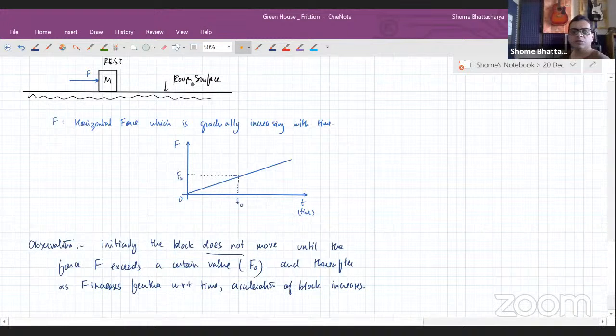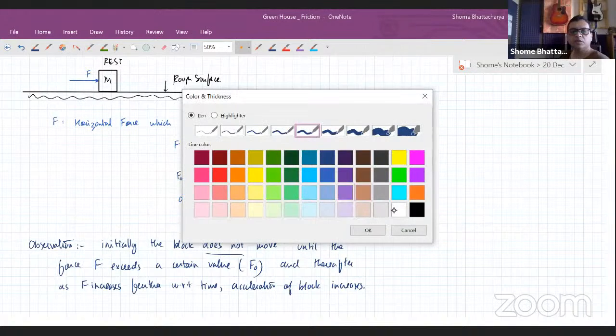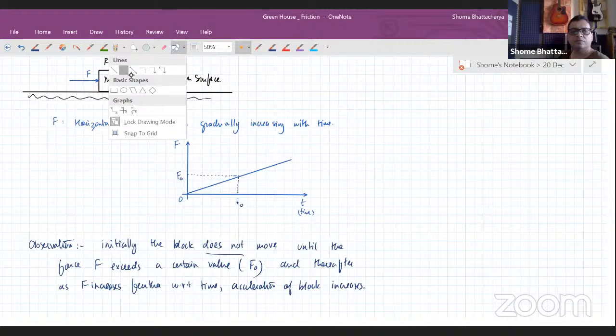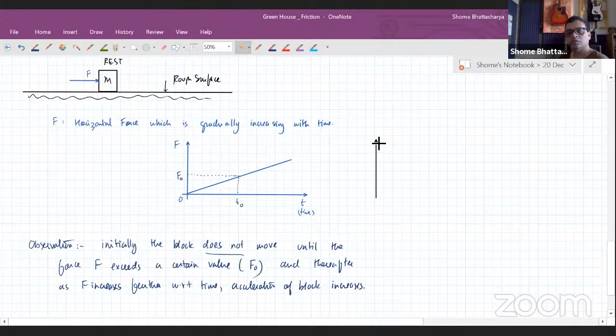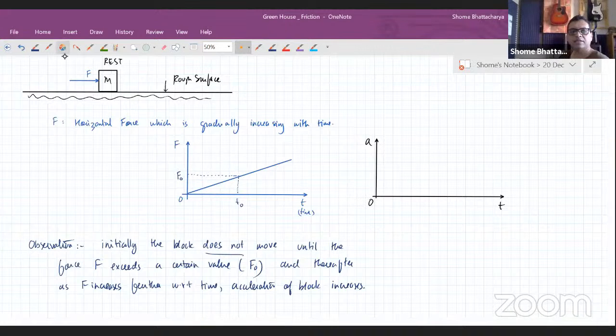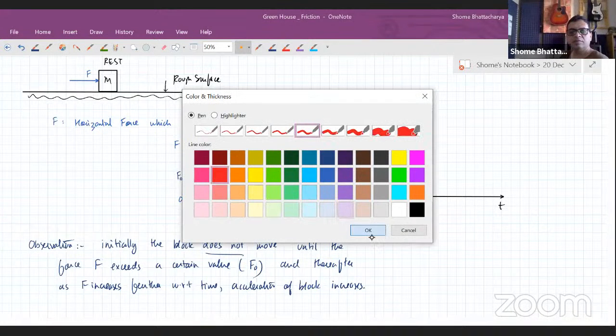Now if we simultaneously plot the acceleration versus time graph for the block, just think of this as if we are doing an experiment, and we are plotting our results on a graph paper. So the second graph that we are plotting is the acceleration versus time. That will come out to be like this.